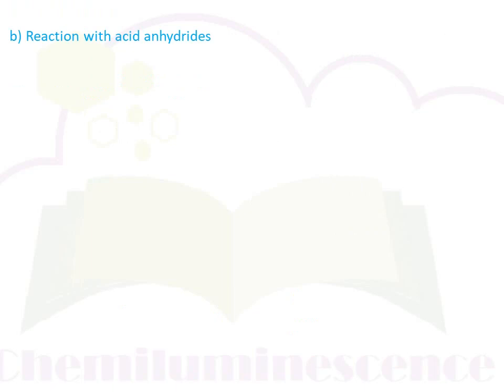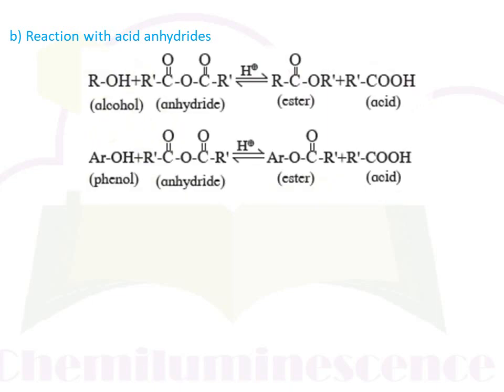Next one is the formation of ester by reaction of alcohol and phenol with acid anhydride. Alcohol and phenol on reaction with acid anhydride in presence of acid catalyst form ester and carboxylic acid.